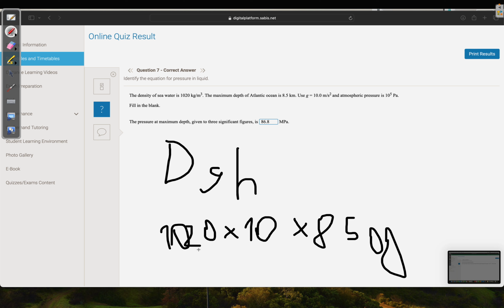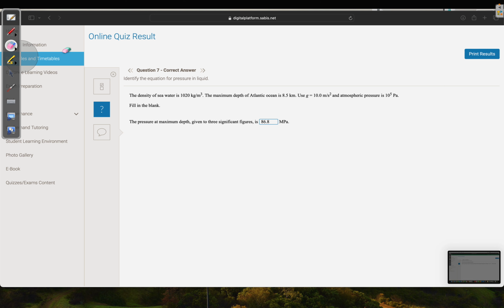So we're going to have to add atmospheric pressure, which is 10 to the power of 5 or 100,000, which will give us 86.8 million. But here they wanted it in megapascals.